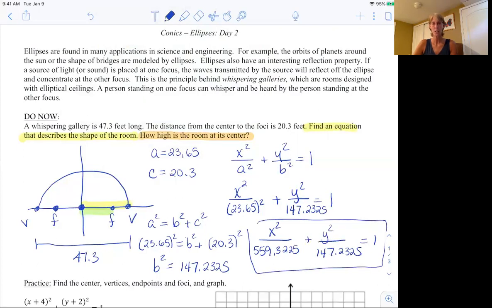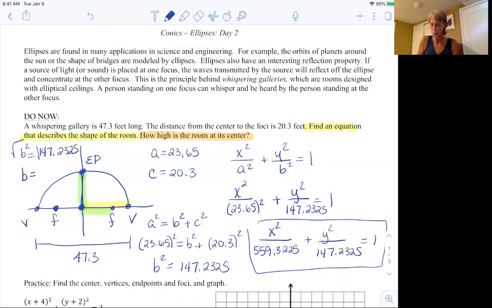Find an equation. Now, how high is the room at the center? Think about it. How high the room is at the center is going to be the endpoint, right? Isn't this going to be the height of the room? That's going to be my height. I know that this distance is b, so if b squared equals 147.2325, then the height is going to be b.